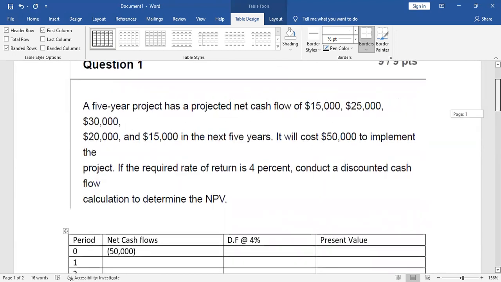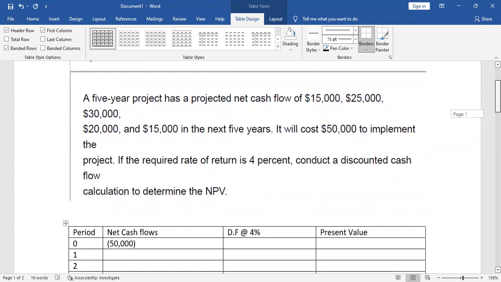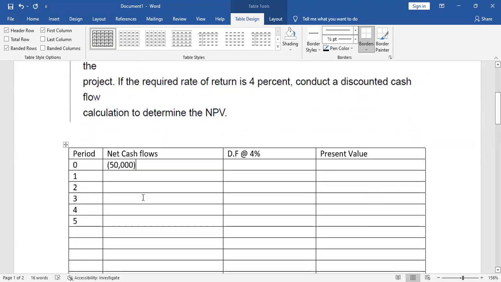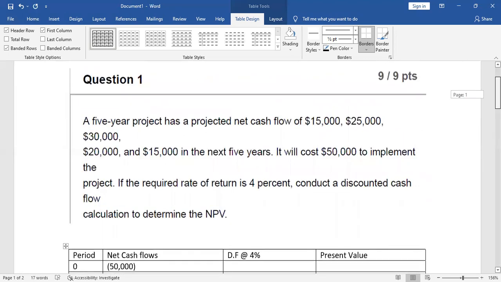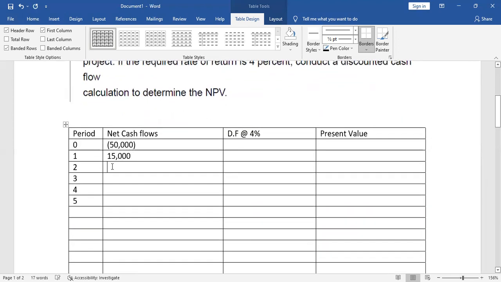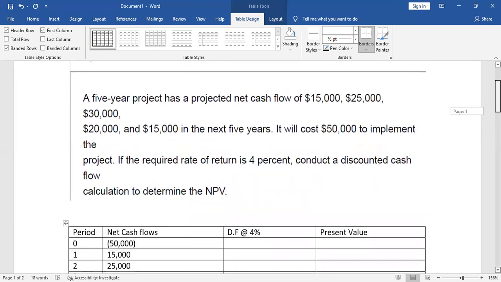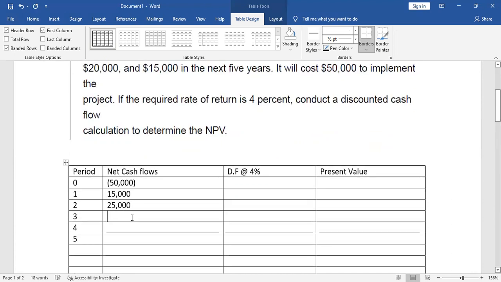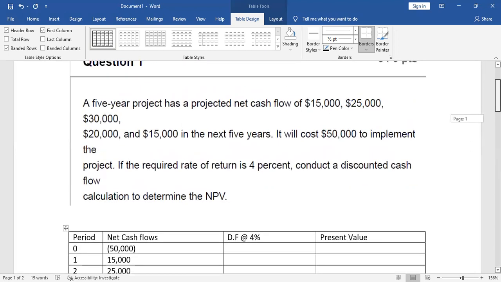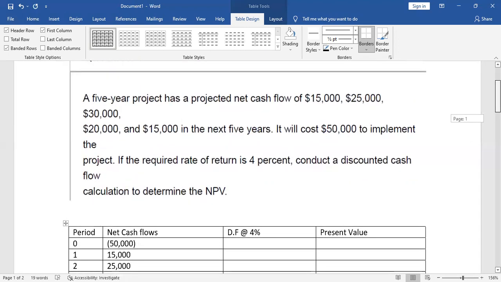Then 15,000 year 1, 25,000 year 2, 30,000 year 3, cash flows in dollars, of course. $20,000 year 4 and 15,000 year 5.